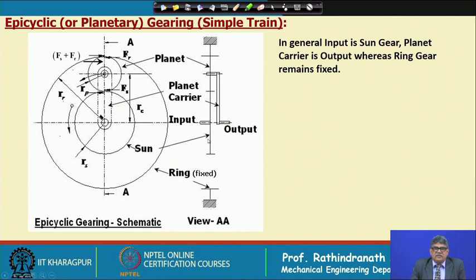Simple train means the sun gear is meshing with this planet gear, and then it is meshing with the ring gear in the same line. Now, to understand epicyclic motion, I will show you the motions using two coins.